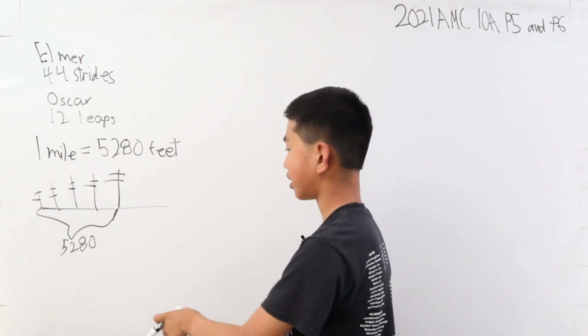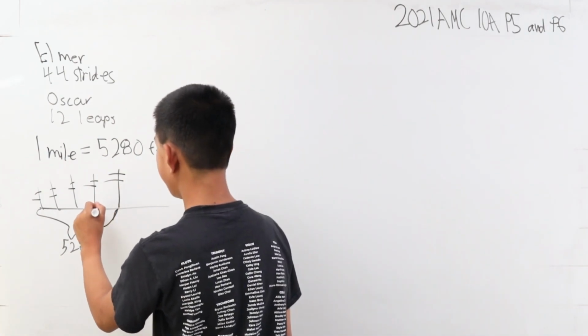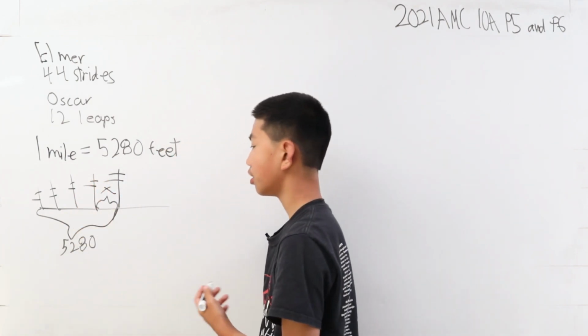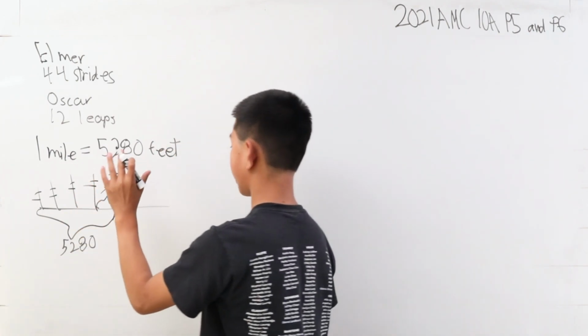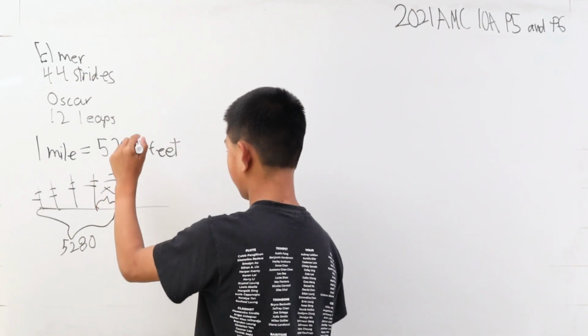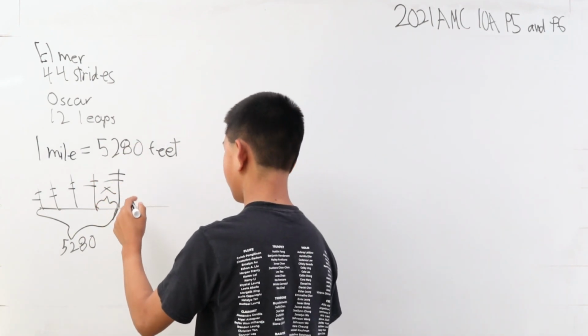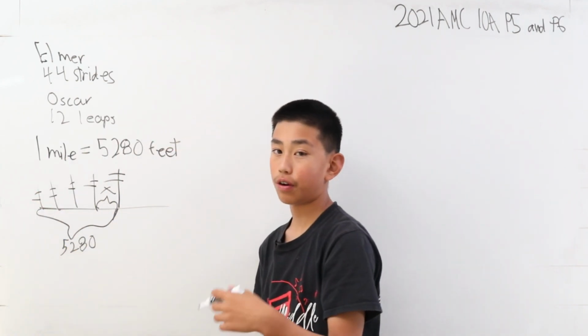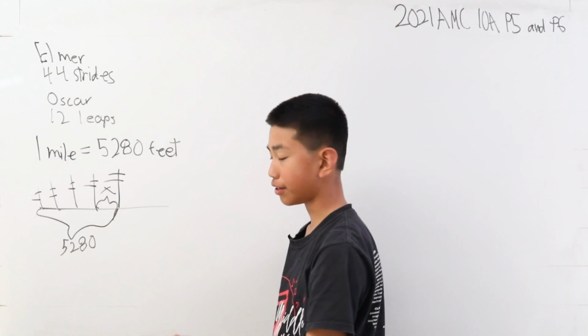Now, we have to calculate the distance of this gap between each telephone pole. Let's call that x. We know that the 41st telephone pole's distance from the first telephone pole is 1 mile, or 5,280 feet.